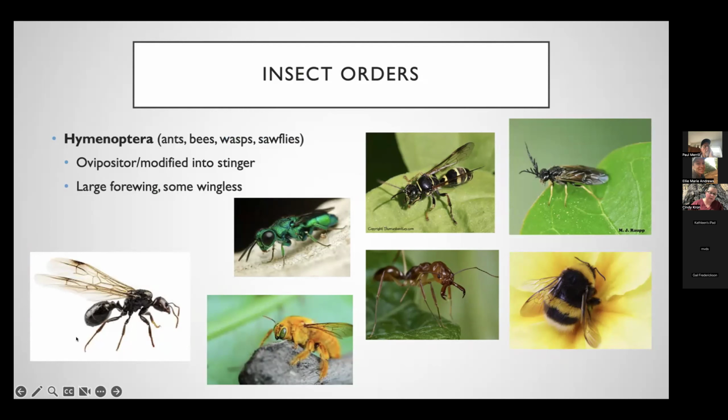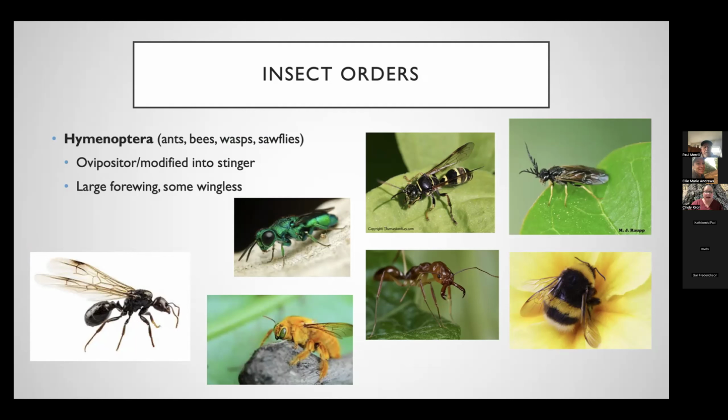So it'll be something either that's internal that will stick out to sting or stays external the whole time. And so this is why, for instance, honeybees, they can sting you, right? It's a modified ovipositor. It's the last segment. Ovipositor means it's the section of the abdomen where females lay eggs out of. And it helps cut the plant material, and then they insert an egg and then fly off.